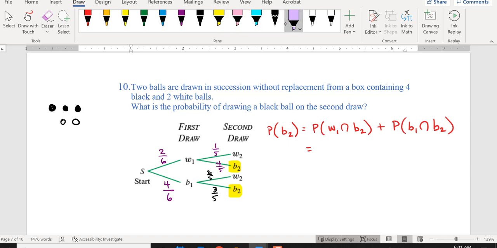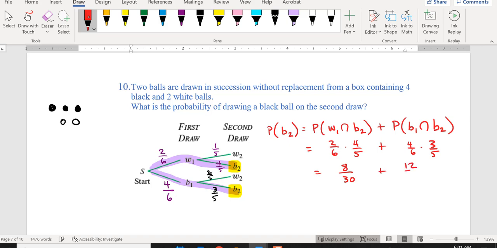Following this path, white on the first, black on the second, I get 2/6 times 4/5, plus black on the first, black on the second, which is 4/6 times 3/5. So I get 8 out of 30 plus 12 out of 30, which is 20 out of 30.